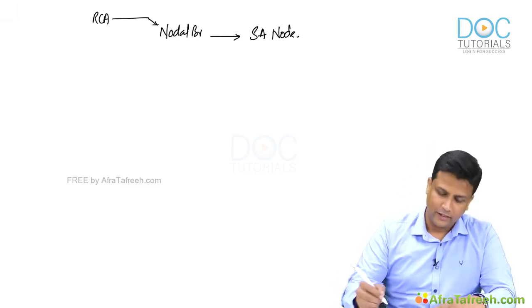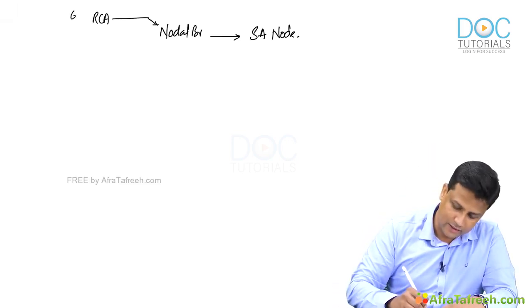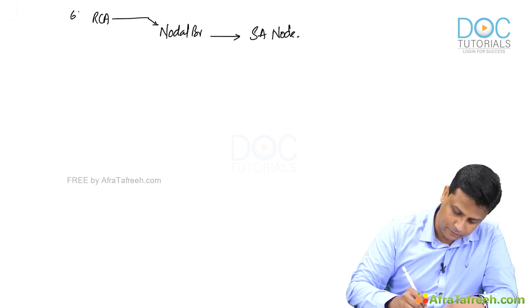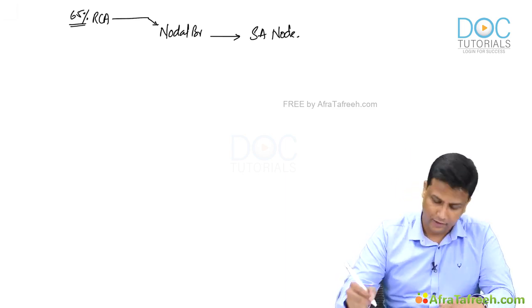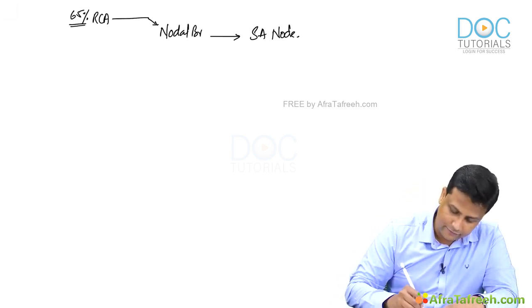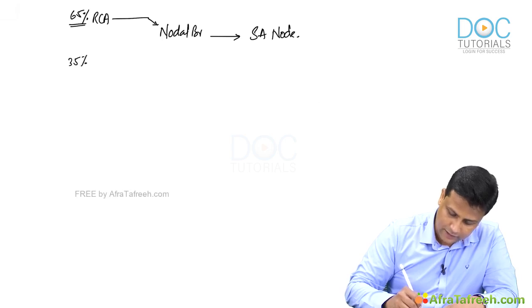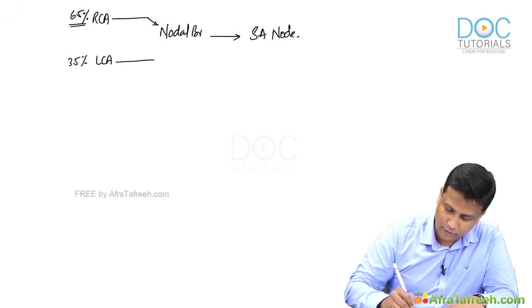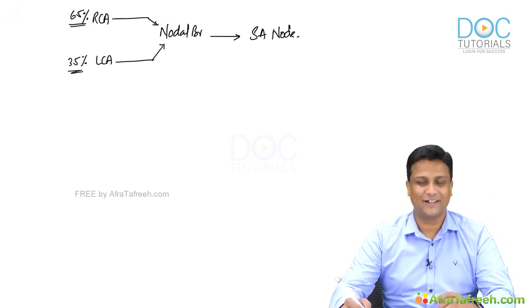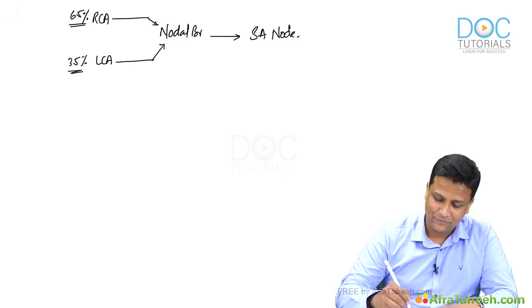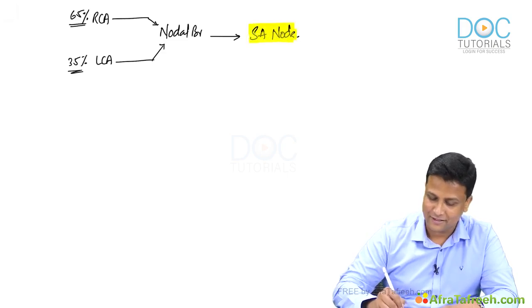But remember, it will happen only in 65% of the population. In 65% of the population, the right coronary artery gives the nodal branch, whereas in the remaining 35% of the population, the left coronary artery will give the nodal branch, and that is going to supply your SA node. So you have to remember this variation regarding the SA node.